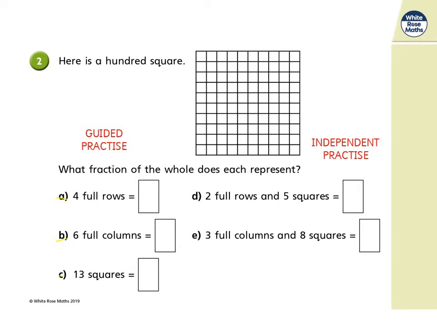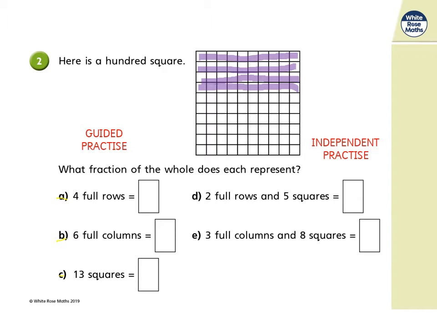So we're going to shade in 4 full rows. So 4 full rows is 1, 2, 3, 4. Now we know that I have 4 lots of tenths. I have 4 tenths. But I also have 40 hundredths.